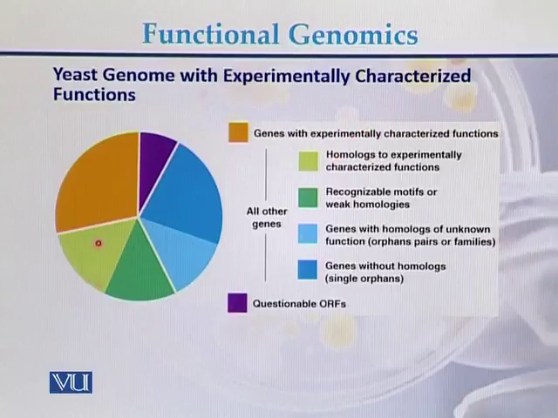This pie chart shows genes which are homologs to experimentally characterized functions, in green recognizable motifs or weak homologies, and genes with homologs of unknown function. There is a large list of genes that have been experimentally characterized, meaning their functions have been identified.